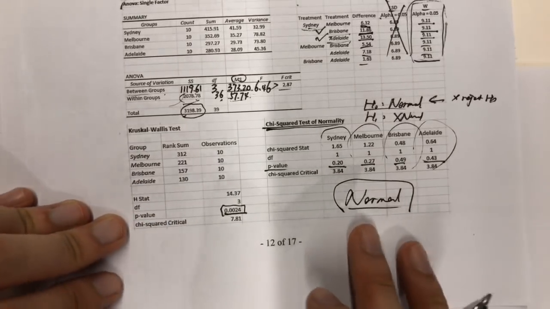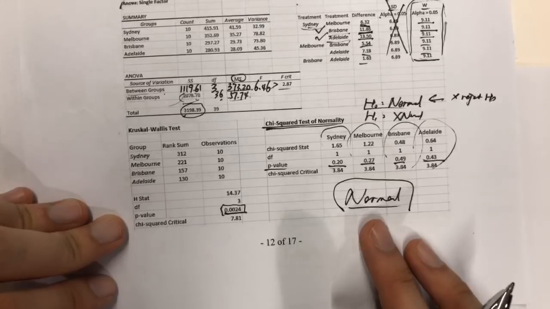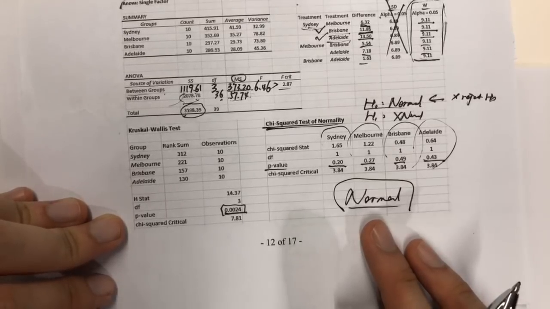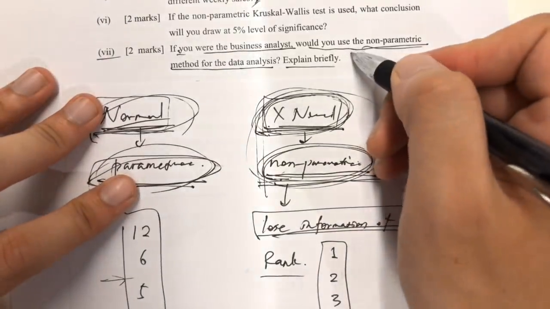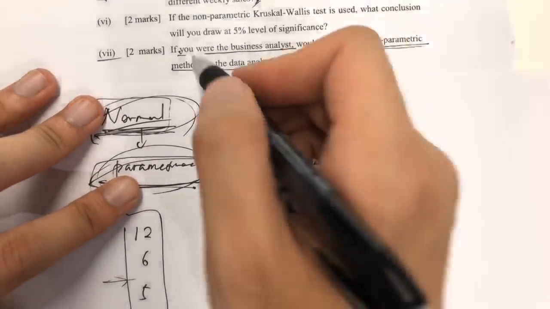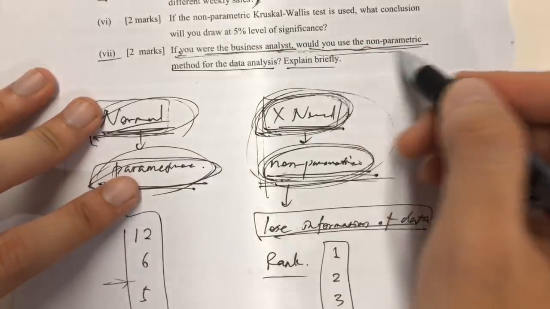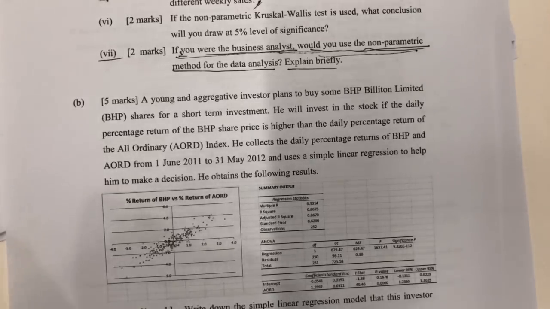So do you think we should prefer parametric results or non-parametric? It should be parametric, right? So if you were the business analyst, would you use the non-parametric method for data analysis? Explain briefly.